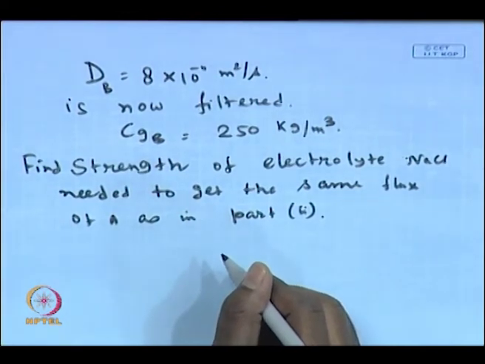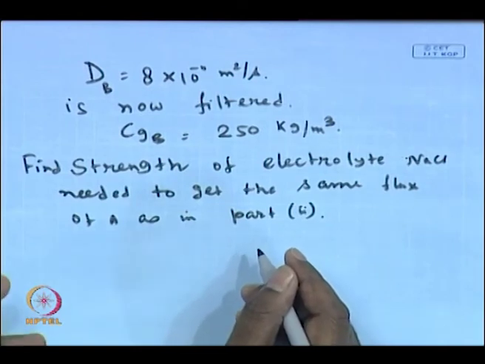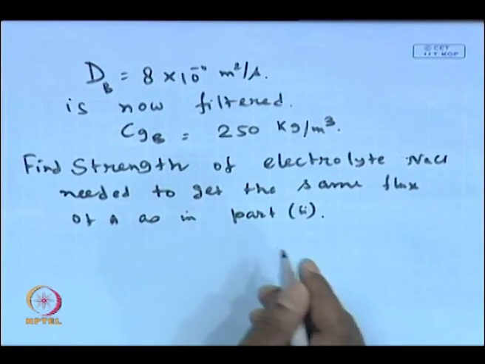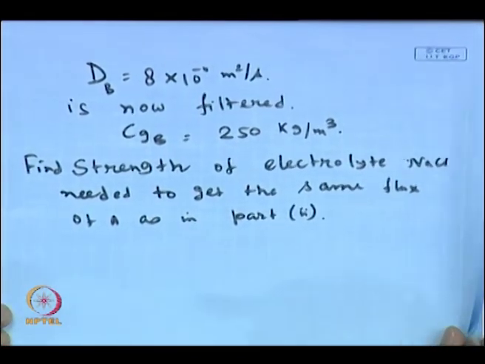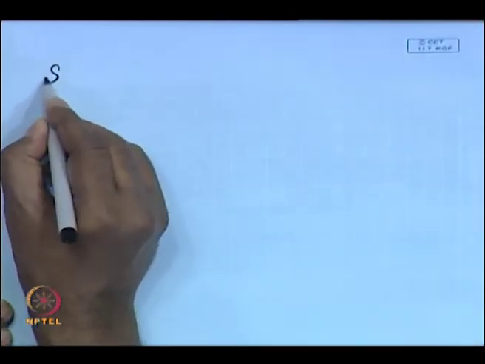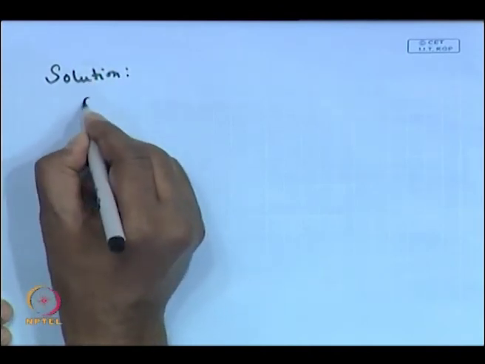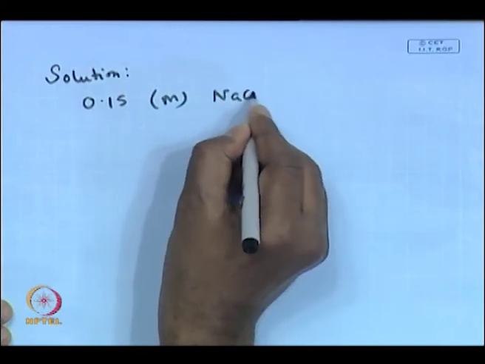Okay. So, there are several data given. Now, Avogadro's constant that we know, the Boltzmann constant, value of epsilon, and solution viscosity is taken as 10 to the minus 3 Pascal second. Now, let us look into the solution. We have 0.15 M NaCl, right.